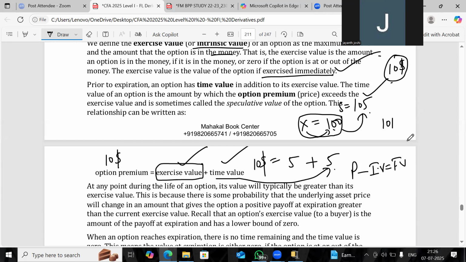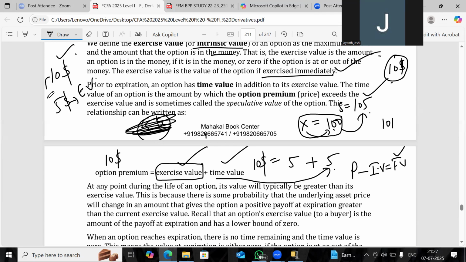What is the meaning of time value? See, today I am paying a premium of $10 for this option. This option has given me a value of $5. That is the exercise value. So what is that extra $5?